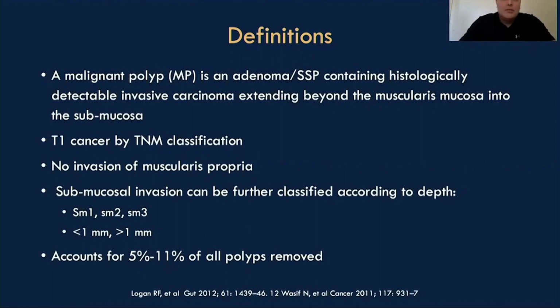The depth of the submucosal invasion can be further divided into three layers: superficial, intermediate, and deep submucosal invasion, SM1, 2, or 3. Or what's more common perhaps today is to divide it into superficial and deep according to the 1 millimeter depth cutoff.